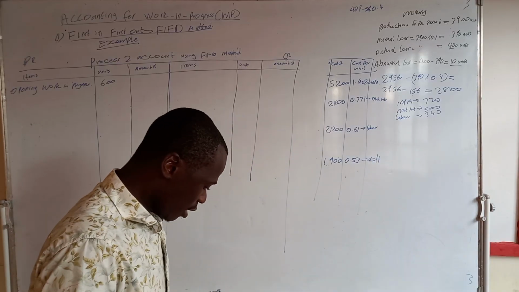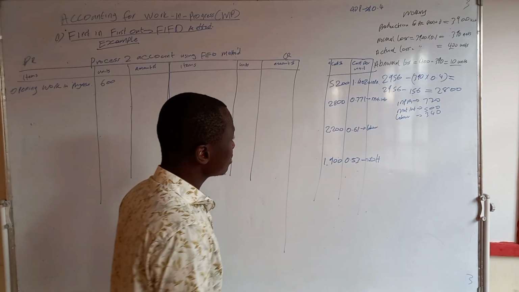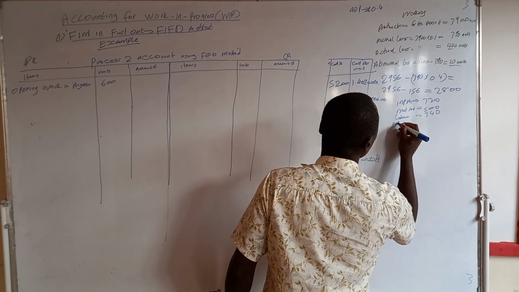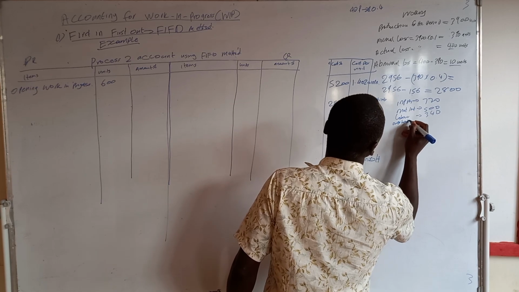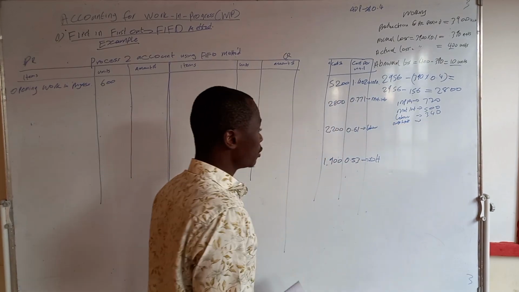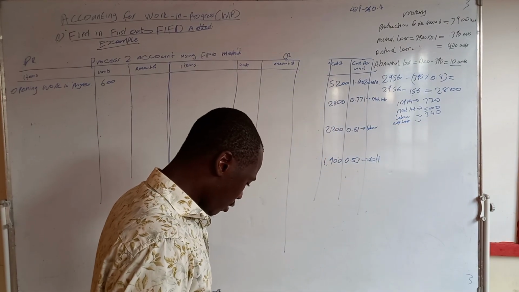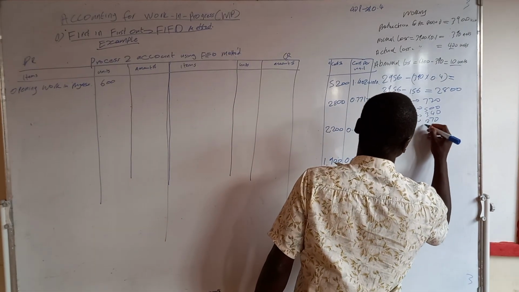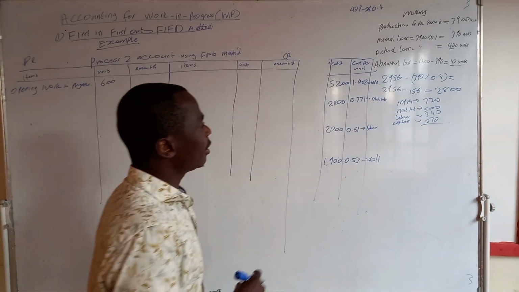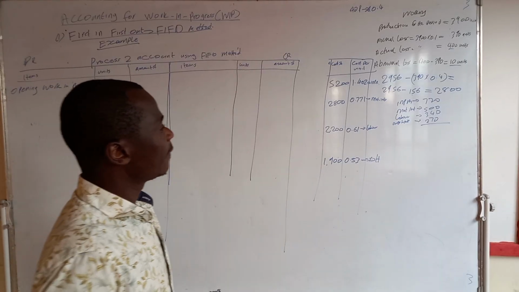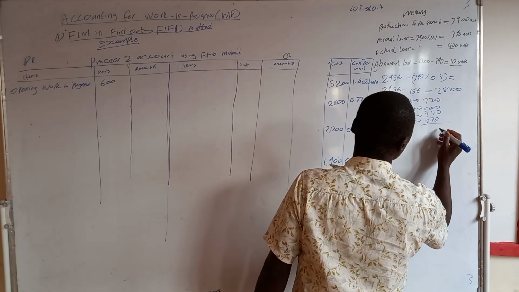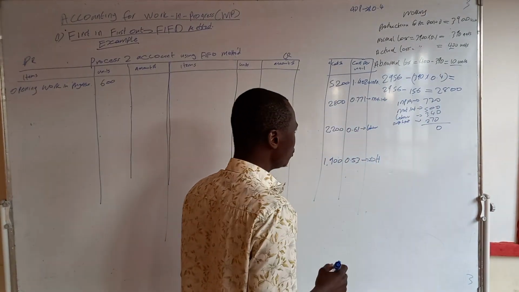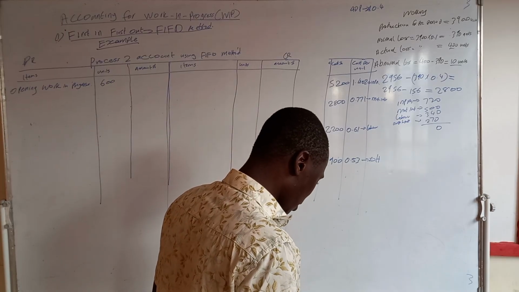We have overheads. Overheads we are being told is 70. Now, this plus this, that's 0.